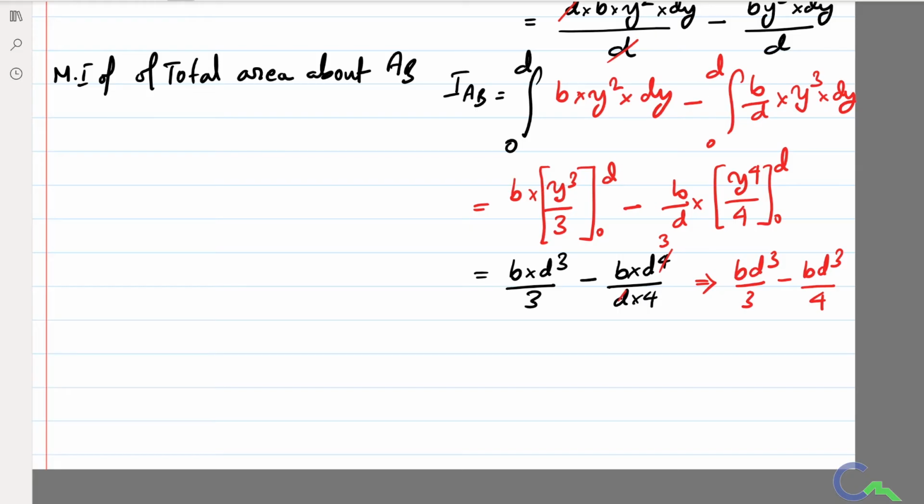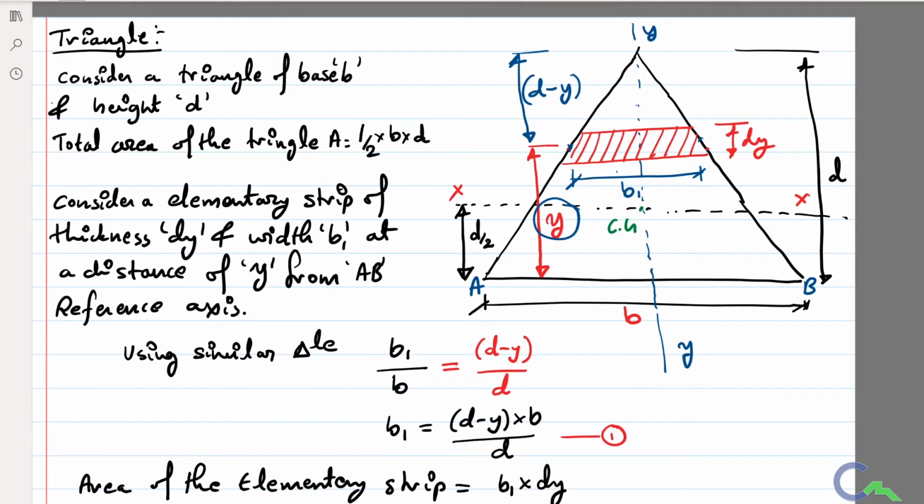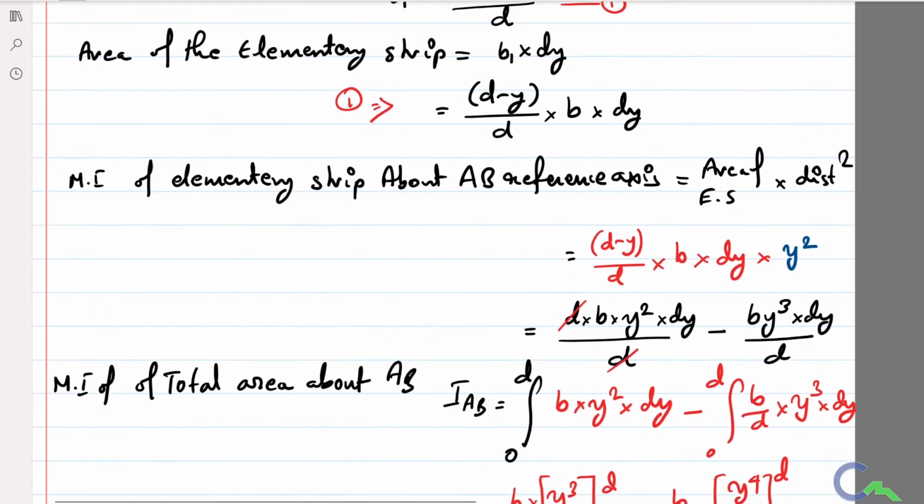Simplifying this, I can write 4 b d cube minus 3 b d cube divided by 12, which is b d cube by 12. That is nothing but IAB, the moment of inertia about the AB reference axis. My intention is to find the moment of inertia about the XX reference axis, or the horizontal centroidal axis.